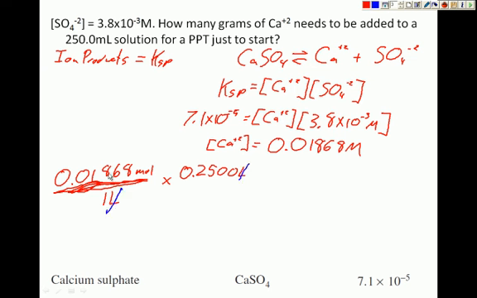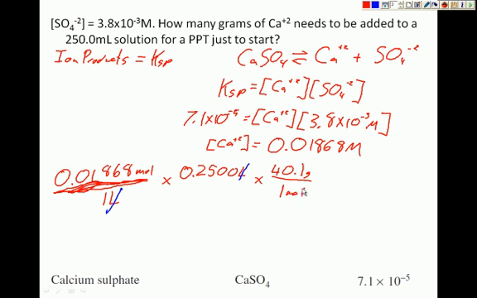And what that is going to do is make our liters cancel. And now our unit, if we have 0.01868 times 0.25, that's going to have moles of calcium. Now we want to know grams of calcium. So we're going to multiply this by the molar mass of calcium, which happens to be 40.1 grams per mole.